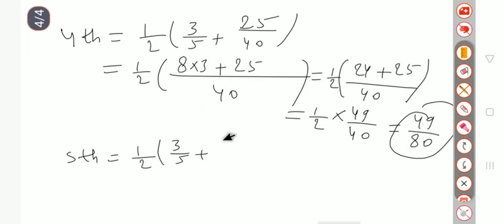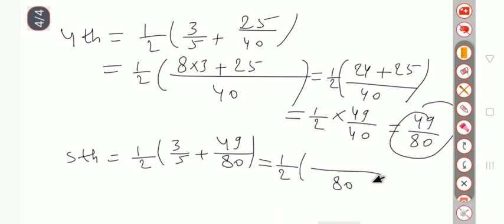Okay, so right here 49 divided by 80. So what is the LCM of 5 and 80? It will be simply 80. So the LCM of 5 and 80 is simply 80.